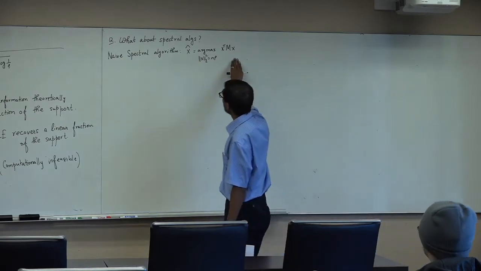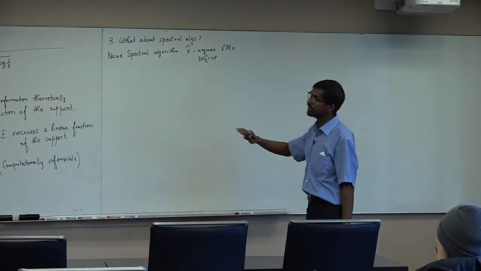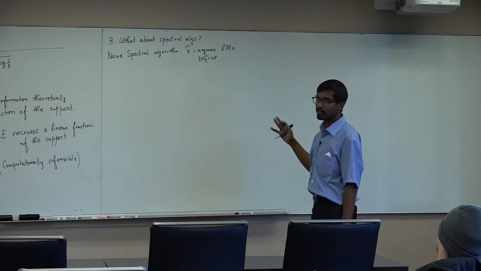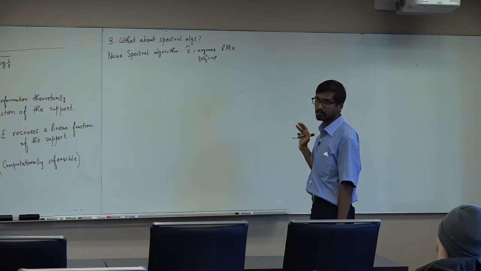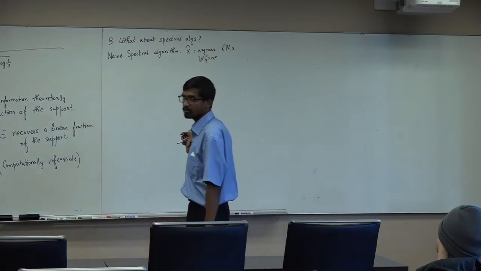And so we can actually analyze the performance of this estimator using exactly the behavior of the top eigenvalue for the spiked random matrix that we saw a couple of lectures ago, right?